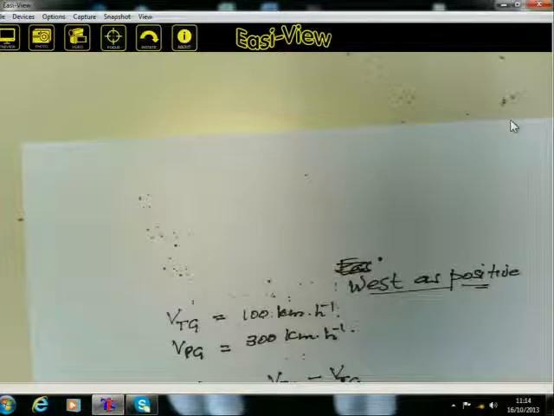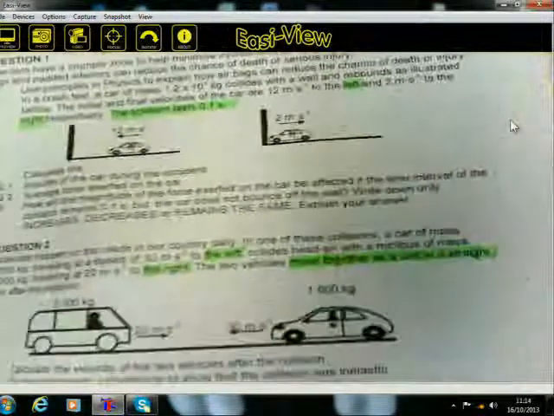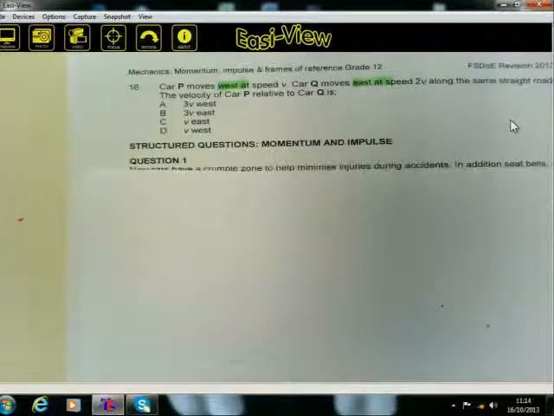And the last one on frames of reference is number 16.